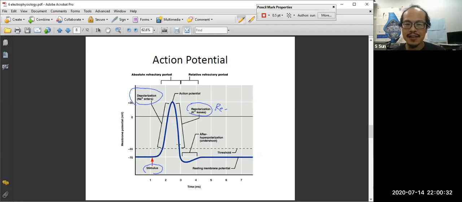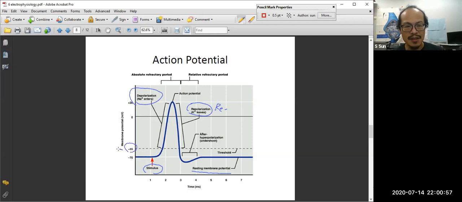So this action potential has some phases. We need to know some terminology. First, this one is the resting state, the resting membrane potential, and the stimulus needs to make it go above a threshold.